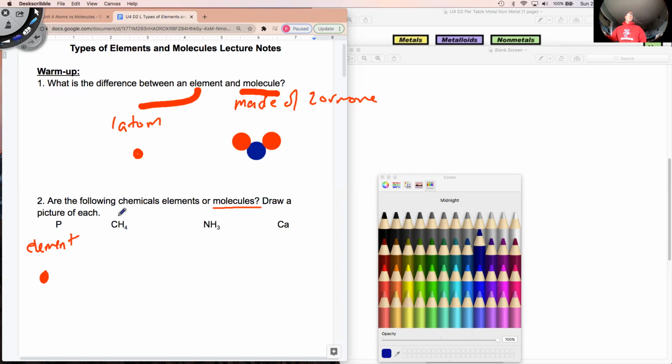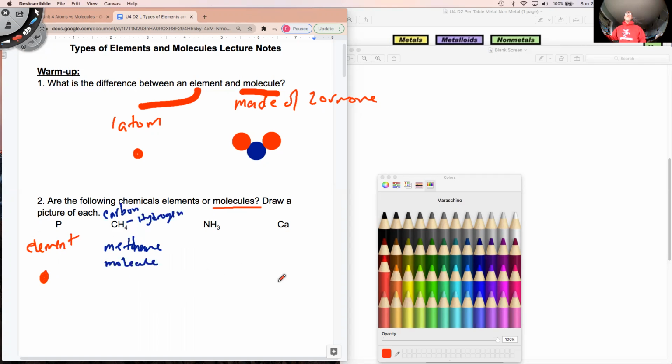CH4, let's take a look. CH4 is made up of some carbon and some hydrogen. Now, are there more than one element there? You can see that there's a capital C and a capital H, so that would be a carbon and a hydrogen. So this compound is methane, right? It's made up of CH4. And this would be a molecule because the molecule is made up of more than one element.